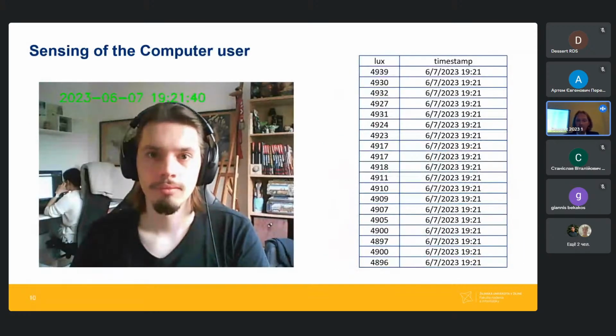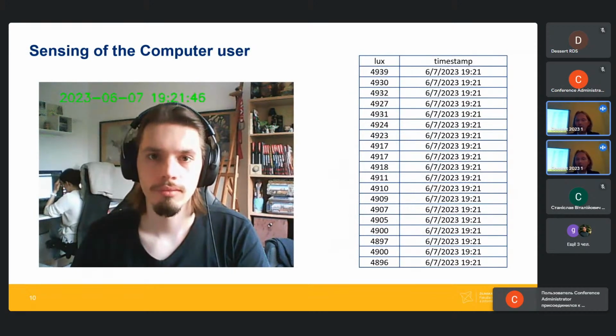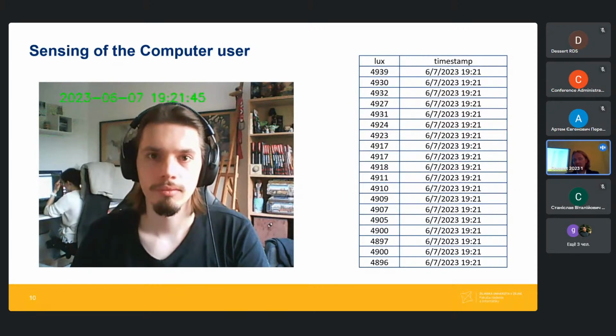On this slide is a demonstration of recording of video and blinking of my co-author, and the data set from the ambient sensor with timestamps.